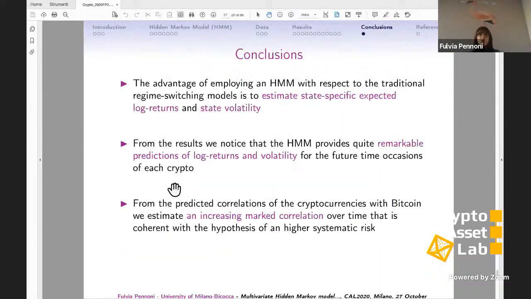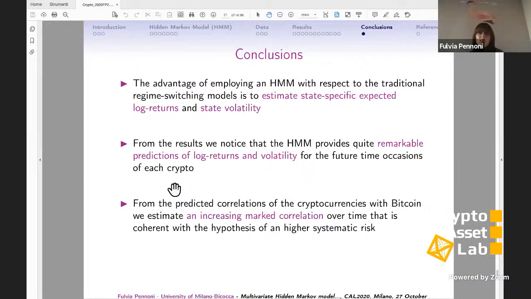I'm going to conclude by summarizing that there are some advantages to employing hidden Markov models in this analysis. From the results we notice that the model provides quite remarkable predictions of the log returns and volatility for future time occasions, for each crypto, and mainly we can model the market that we are interested in jointly.